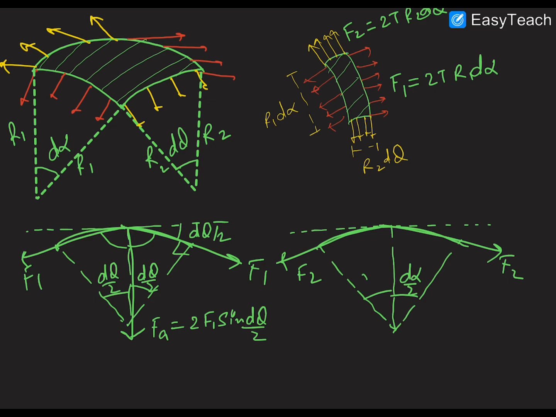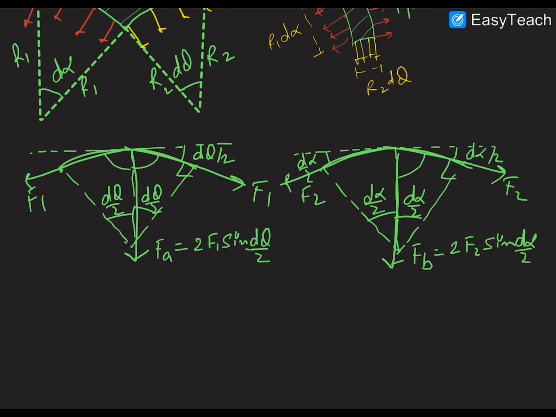This is 90, this is 90 minus d alpha by 2, this is d alpha by 2. So this net force is FB, where FB is 2F2 sine d alpha by 2.